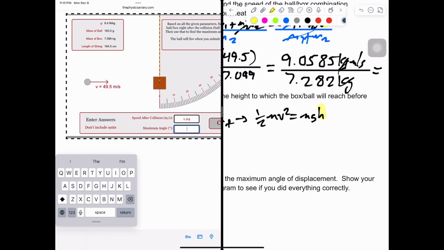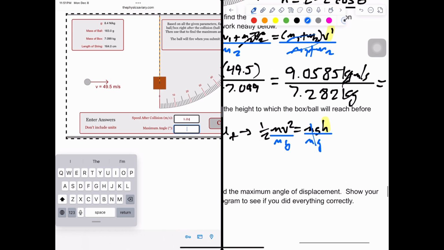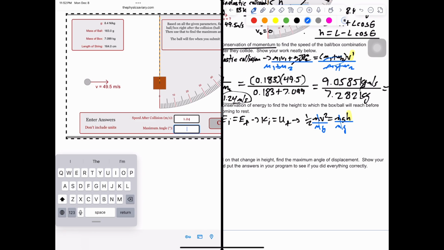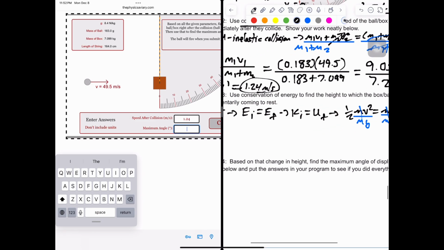So to solve for h, we divide by mg. You'll notice the mass cancels on both sides. You can look at this as 1/2 v squared divided by g, or as v squared divided by 2g, because multiplying by a half is the same as dividing by 2. I think that's how I'm going to choose to recognize it. h is equal to v squared over 2g.